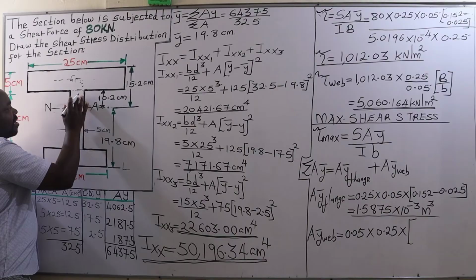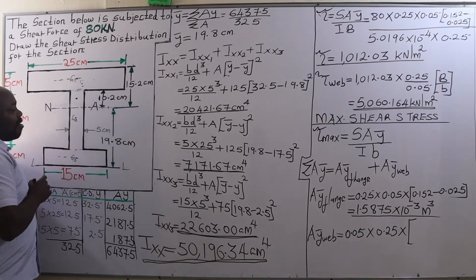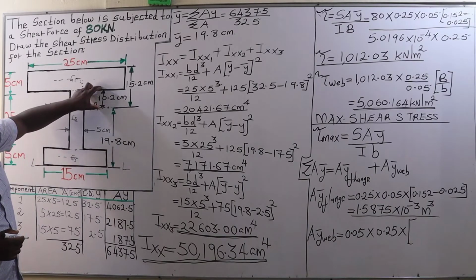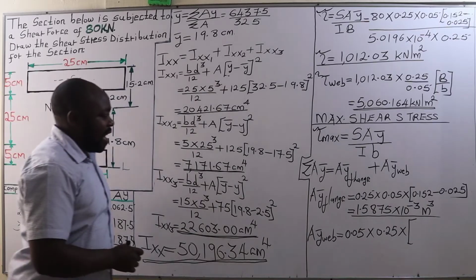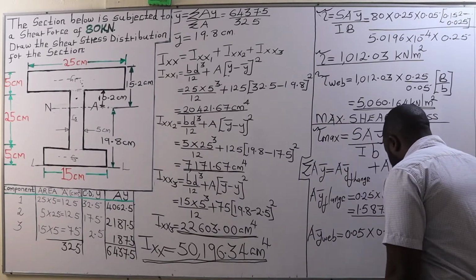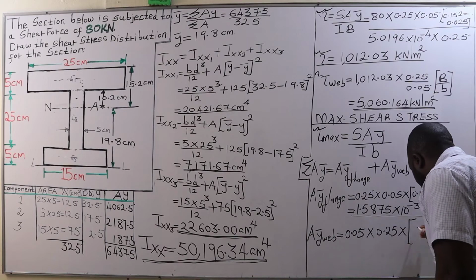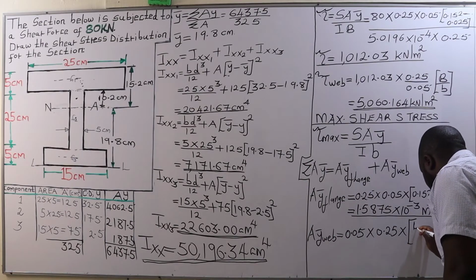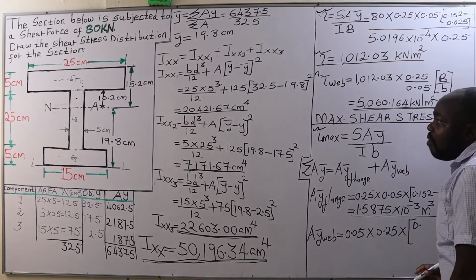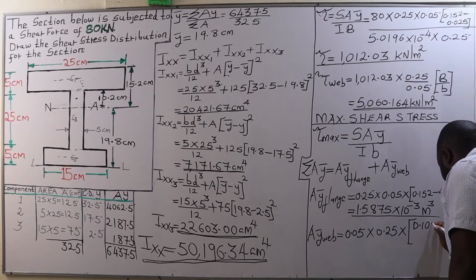And therefore, its center of gravity will be given by half that depth. And so, we are going to have bar Y for the section of the web 0.102, that is converting centimeters to meters, divided by 2.